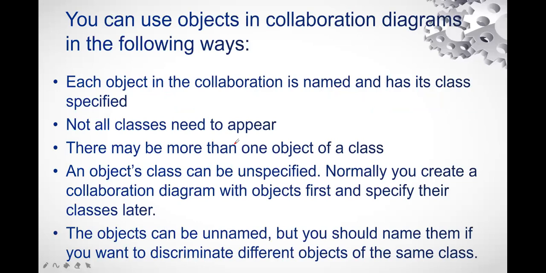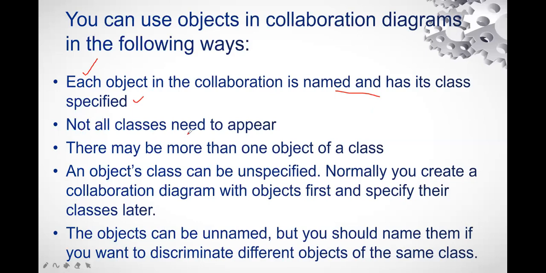Now, the second thing we need to understand is how we can use the objects. First of all, it is not necessary that we define all the classes in the diagram. We can use specific objects with their name and class specified. This is what the first point says. Each object in the collaboration is named and has its class specified. I have already told you in the earlier slide how we define it.